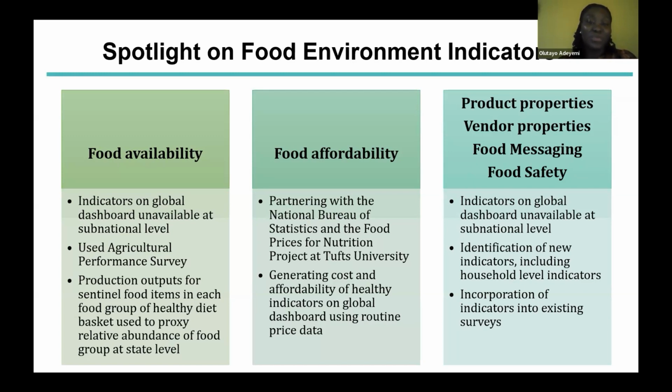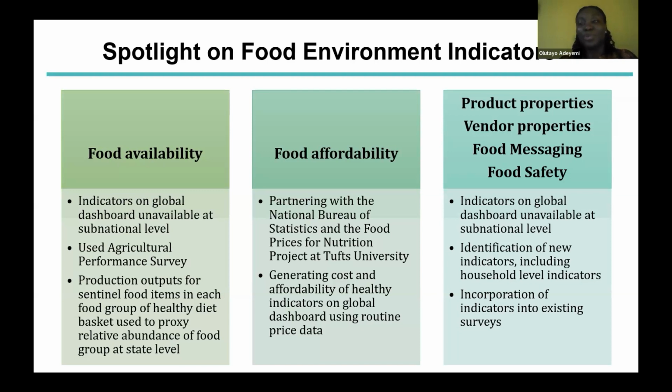And because it's using routine data, the food prices team is also teaching the Bureau of Statistics to compute these indicators on a routine basis. Since it's using routine data, the additional burden really is in the time of the staff that will be working on it. And so it has been a low-cost way to ensure that we have affordability indicators regularly updated.